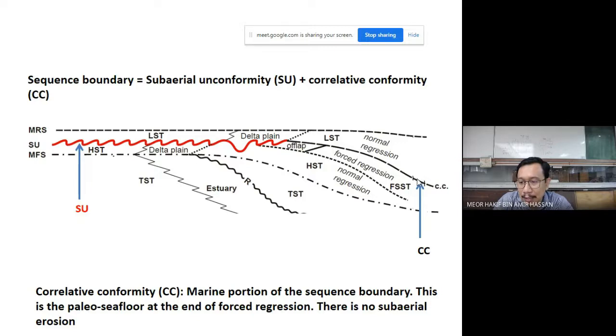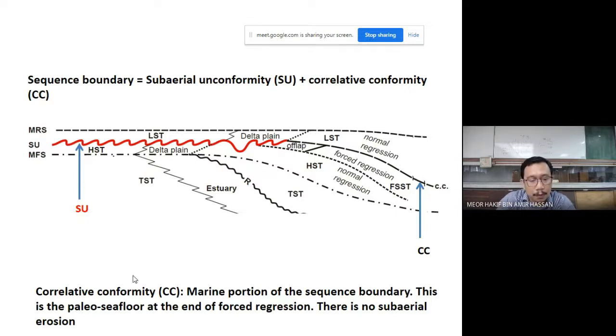And this surface here can be correlated. It is equivalent to the subaerial unconformity. So we say it is correlative. Kita boleh sambung antara ini dengan ini. And it is a conformity. So it is the opposite of an unconformity. Ini bukan unconformity. There is no major stratigraphic gap. Alright.